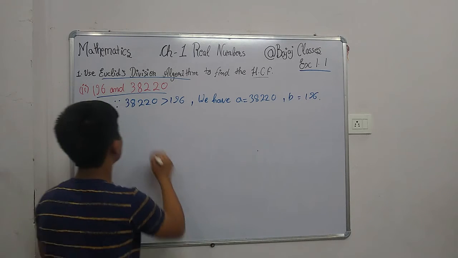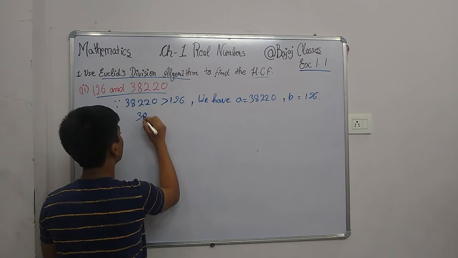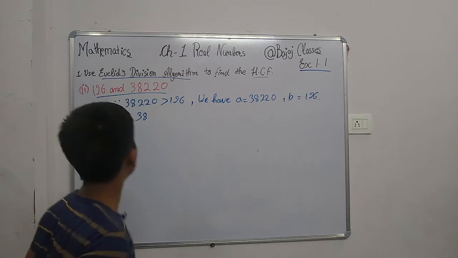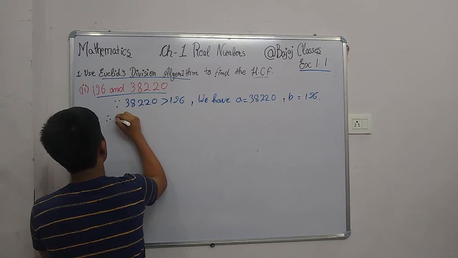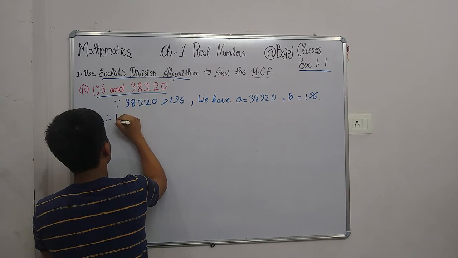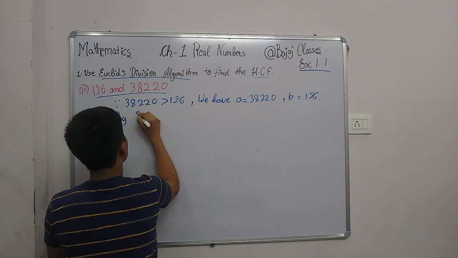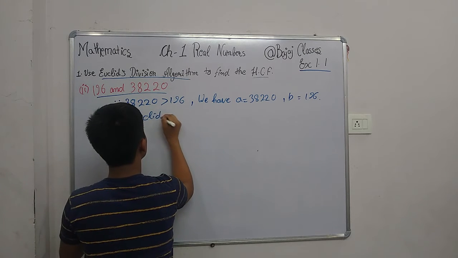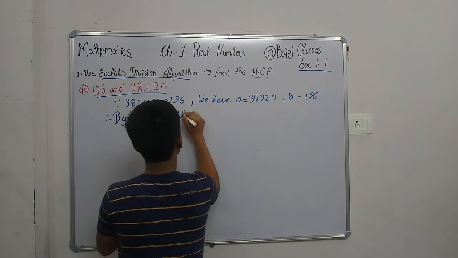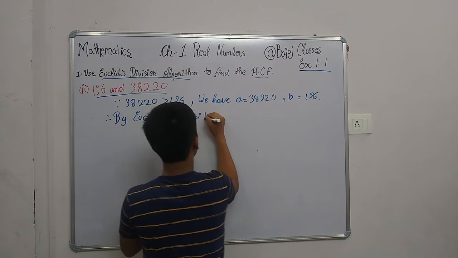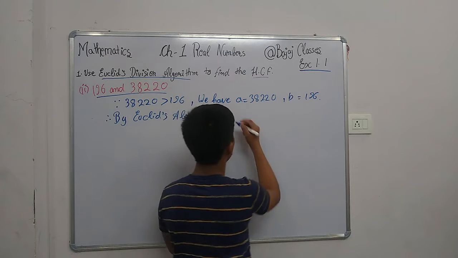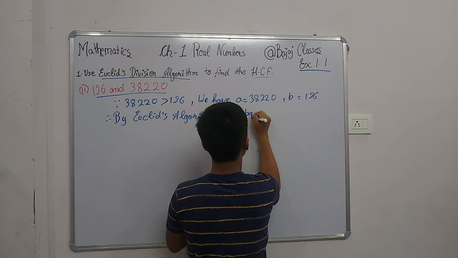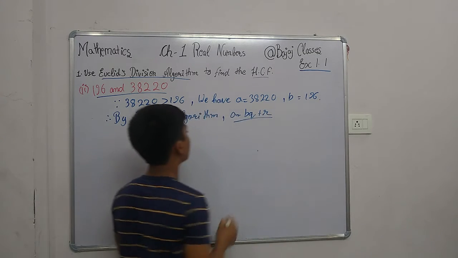Now you have to state by which process we are doing this. So therefore, by Euclid's division algorithm, A equals BQ plus R. So this is our main equation.